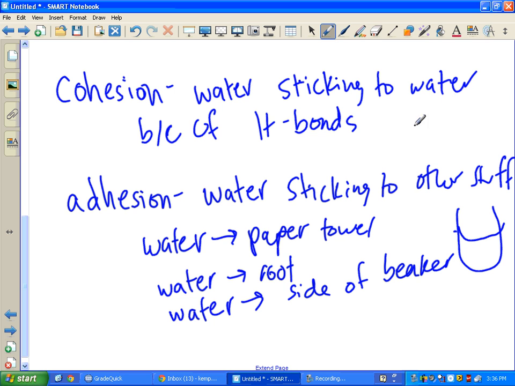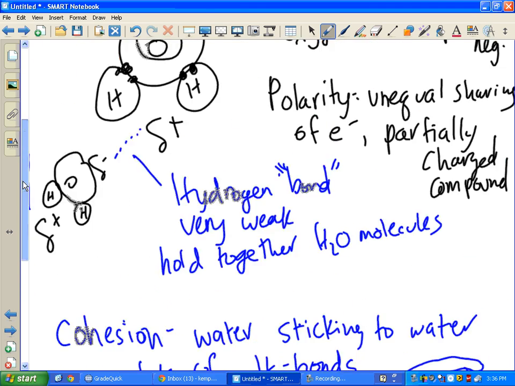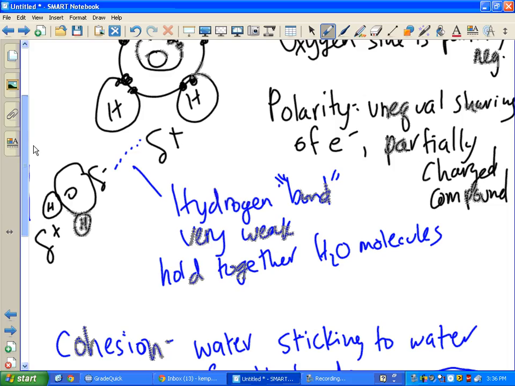Cohesion is what happens when you have a penny and the water falls over the side like that, like a muffin. This right here is happening because water's holding on to water. Okay. So that's polarity, hydrogen bonds, cohesion, adhesion.